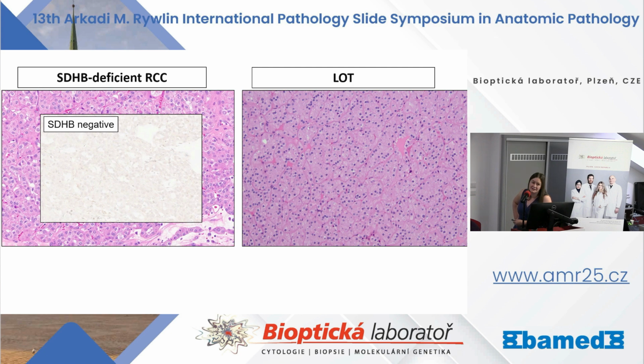So it is better to search for a block where you have non-neoplastic parenchyma together with the tumor to stain this block, because in the SDHB evaluation you should evaluate the intensity of the staining, and only the decrease of the staining is enough to label this tumor as SDHB negative, and you have to confirm it by molecular genetic testing.